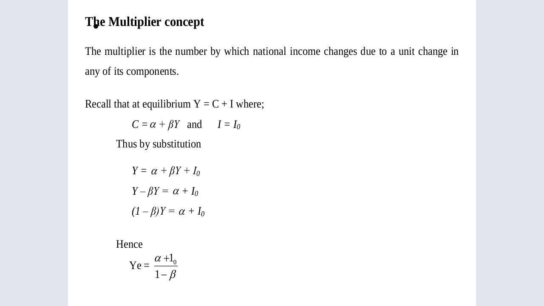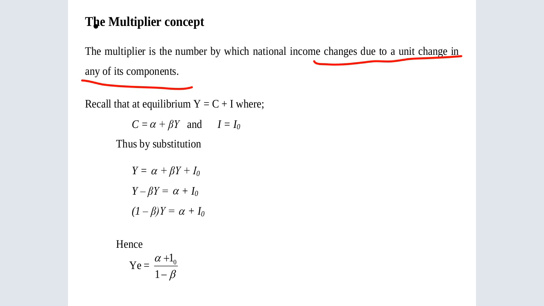what we mean by a multiplier is simply the number by which the national income changes due to a unit change in any of its components. So we have the components of the national income as consumption, investments, the government expenditure, we have taxes, we have net exports.